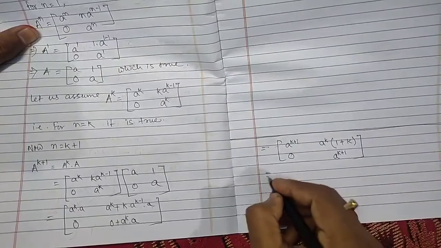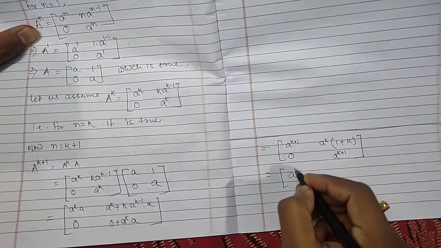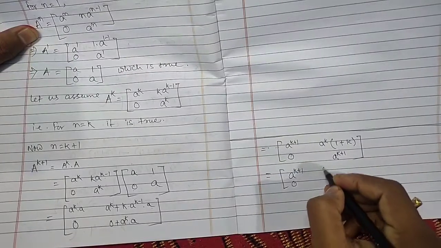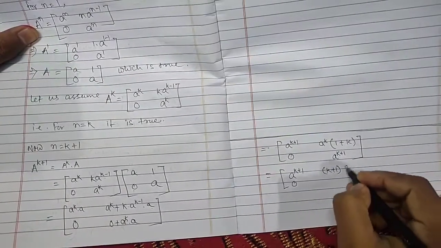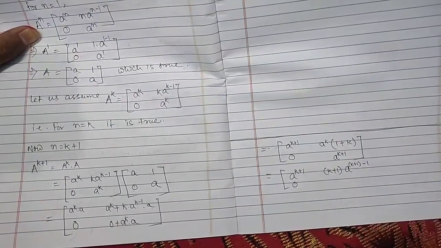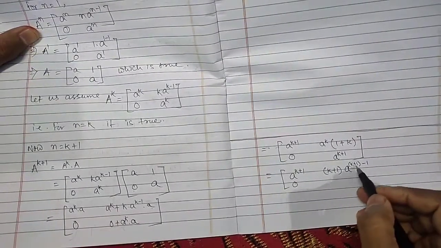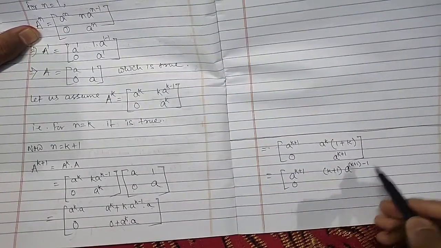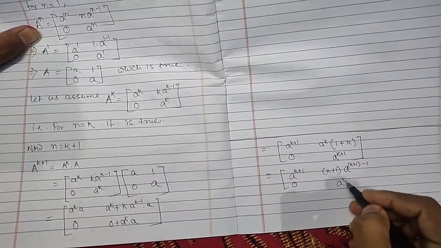Now this one you can write as [a^(k+1), 0; (k+1) a^((k+1)-1), a^(k+1)], because minus 1 plus 1 cancels, so a to the power k will be left.